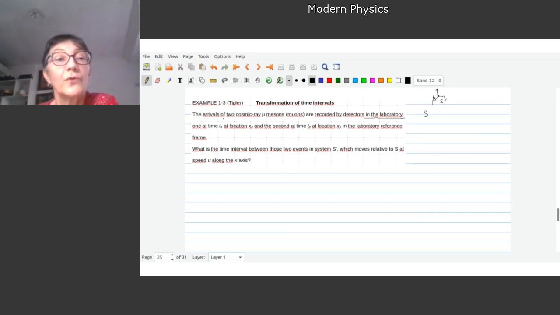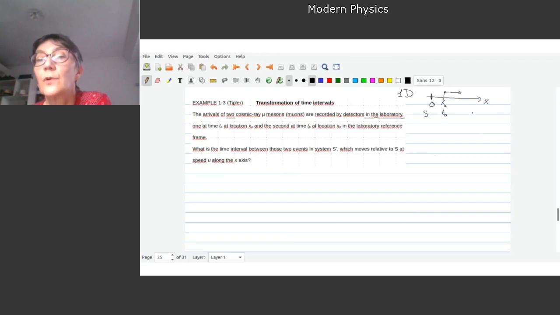You have two of these rays. One is detected at time TA at location XA. We are going to do it in 1D, so we have X, the origin of our reference frame, and you have this particle. At position XA you will measure, with your clock here, this time TA.